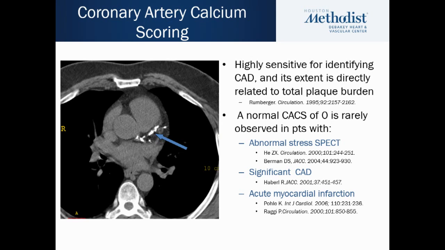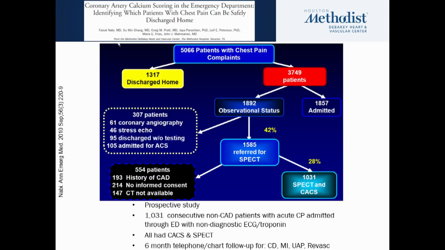This has been shown repeatedly in the literature. So one of the studies that we designed was a cohort of a little over 1,000 chest pain patients who had SPECT imaging, but we combined that with a calcium score and followed these patients prospectively.